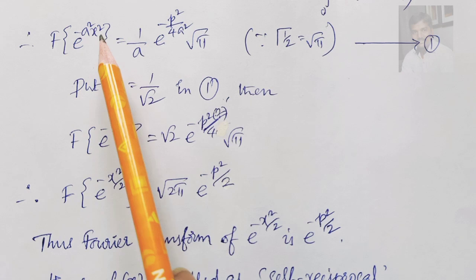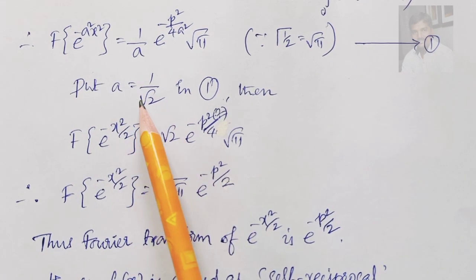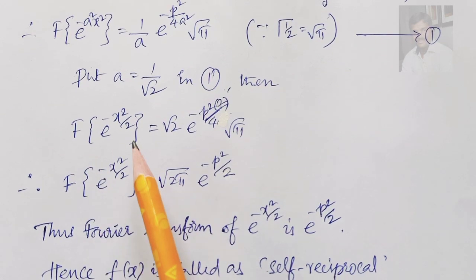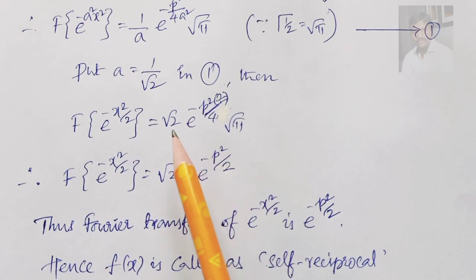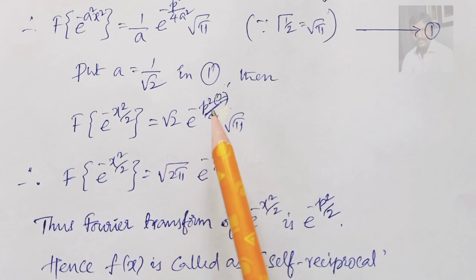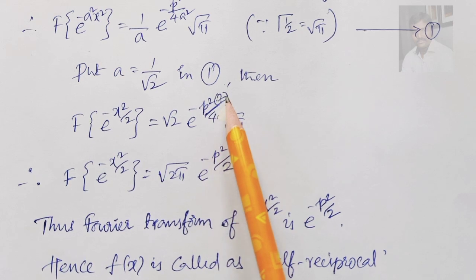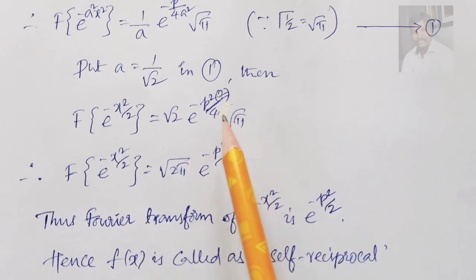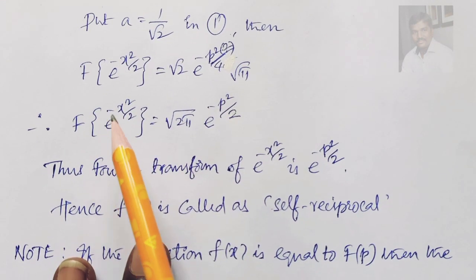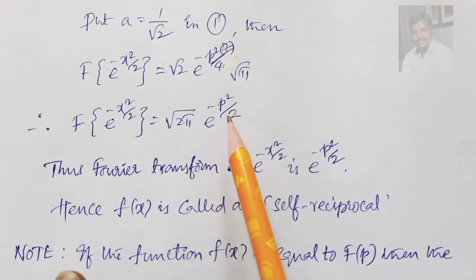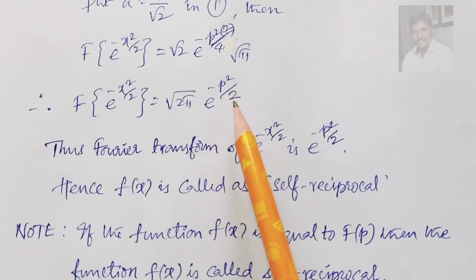Now I will get the Fourier transform of e power minus x square by 2 is equal to root 2 into e power minus p square into 2 by 4, and the 2 gets cancelled, into root pi. Therefore the Fourier transform of e power minus x square by 2 is equal to root 2 pi into e power minus p square by 2.